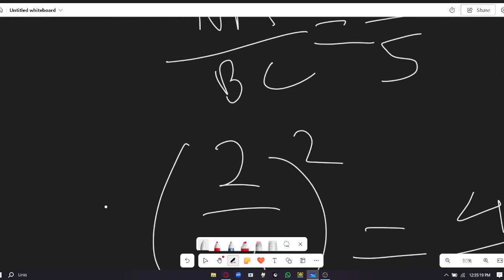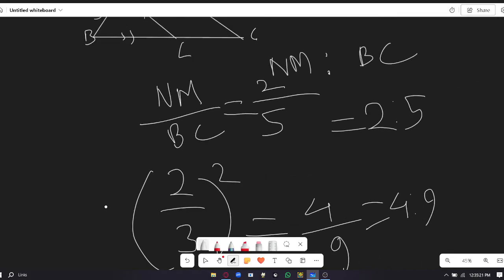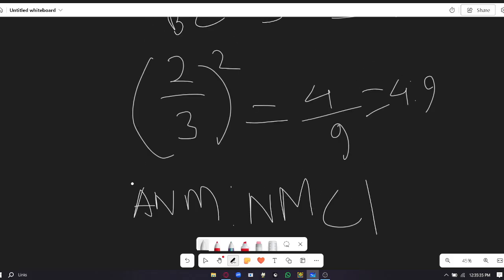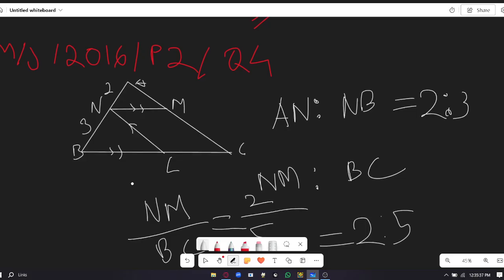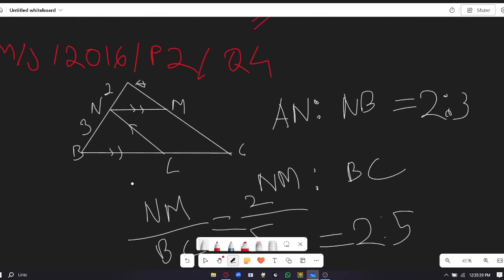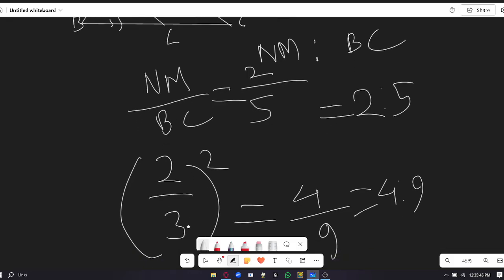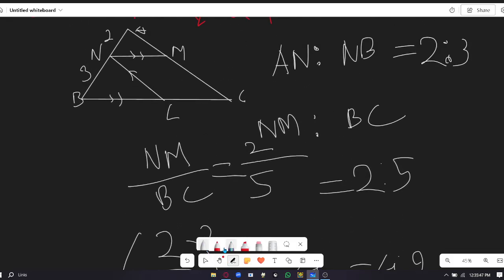Okay, now let's go to the next one. The next question says to find the area of NMCL. We already know AMN's ratio, right? AMN is 4.